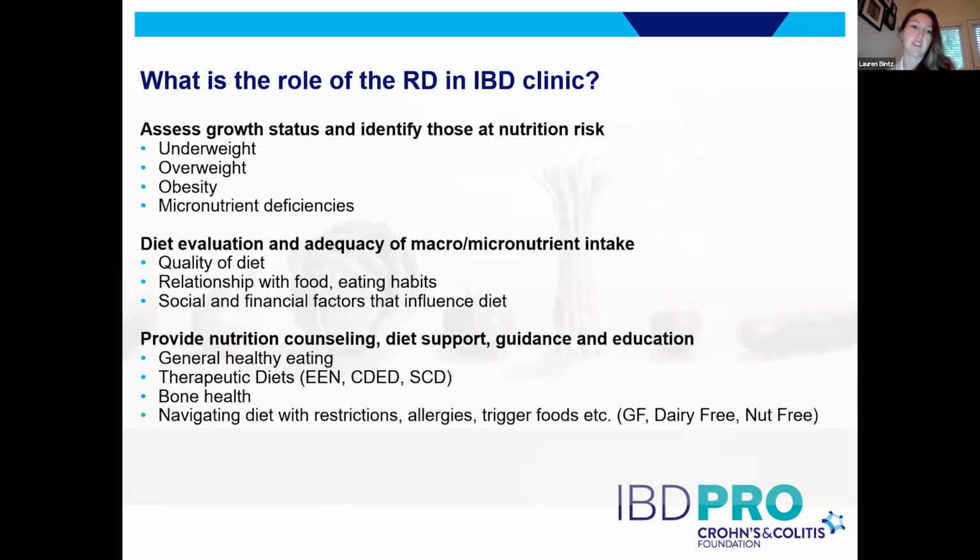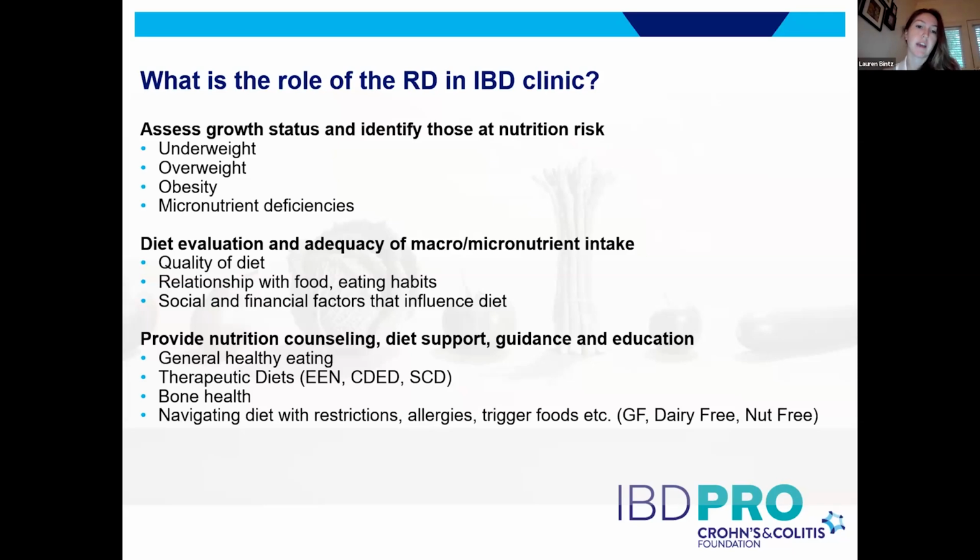And this is extra important for those that have IBD, because what we often see is, kids have had poor experiences eating a certain food. They have foods that they find are triggers. If they're in a flare, like was mentioned earlier, fiber becomes more difficult to tolerate. And so a lot of our patients have a lot of negative experiences with foods. And over time, this can lead to restricting and sometimes can lead to disordered eating as well.